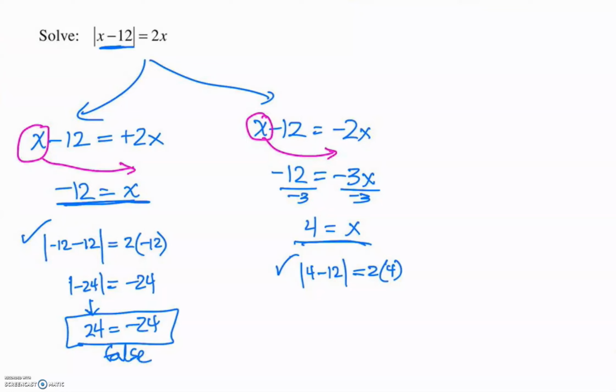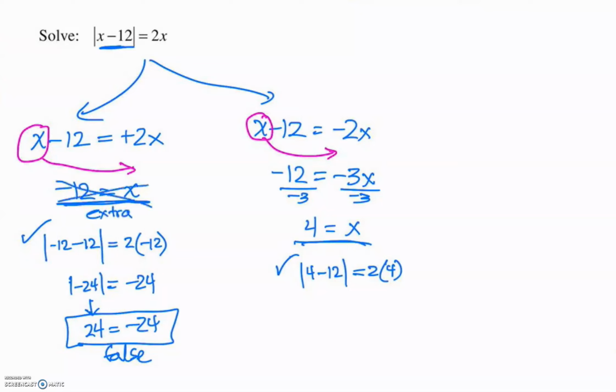This is an example, just like we had with rational equations, of an extraneous solution that is coming up. There was nothing we did wrong in the process, but we got a solution that actually doesn't work back in the original equation. So this negative 12 is actually an extra solution, extraneous. And it is not a true solution.